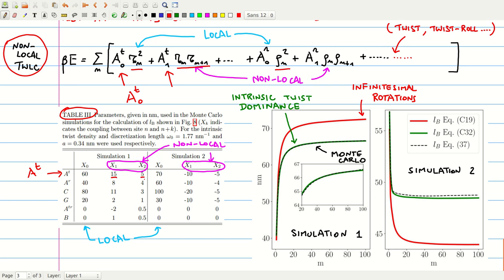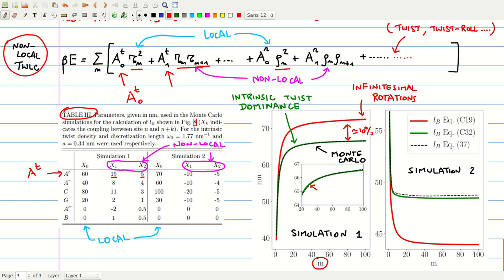The bending persistence length is calculated using Monte Carlo simulations, and it is indeed length dependent. The numerical Monte Carlo data are shown as black dashed lines and fit very well the intrinsic twist dominance approximation shown in green. The infinitesimal rotation approximation deviates from Monte Carlo data by about 10%.